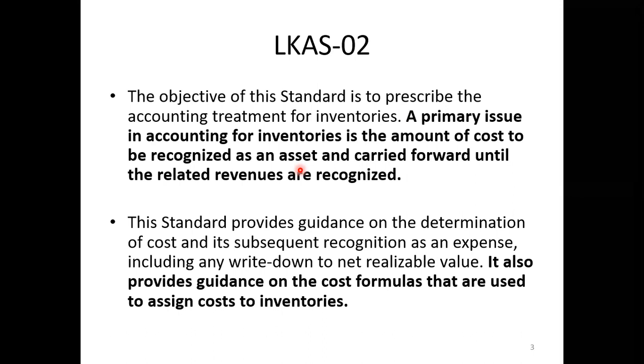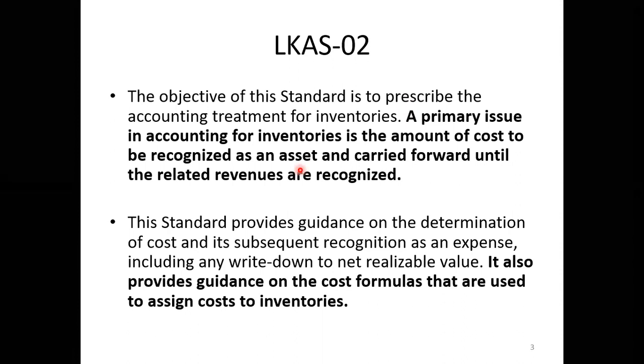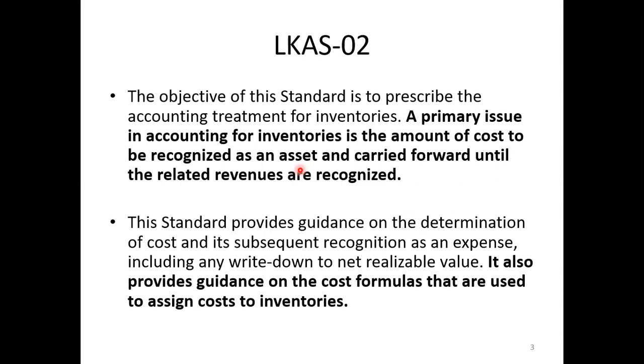You can find the value of inventories in a balance sheet as a closing balance, under current assets. And when you calculate cost of sales in the income statement, you can find the closing inventory there.